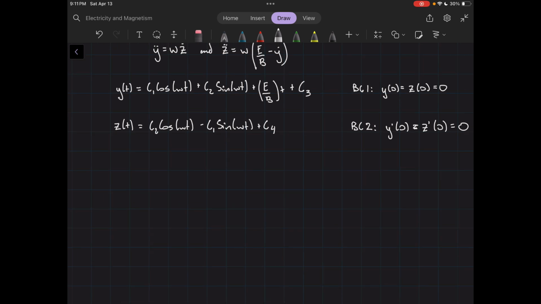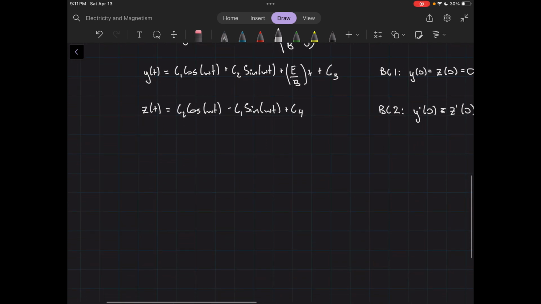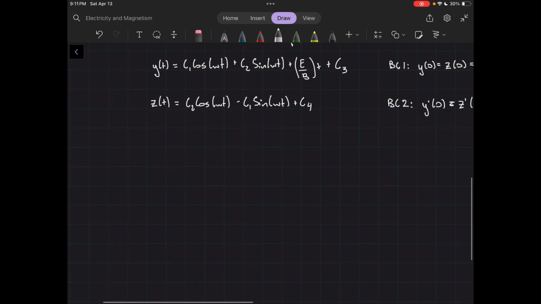But this also means that we need to find the time derivatives of our position functions.